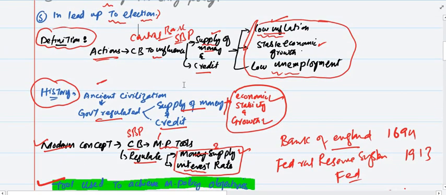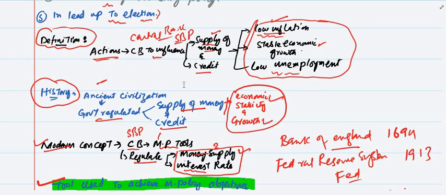So let me take you first to the definition, that is, what is monetary policy. What is monetary policy? Monetary policy is actually the action taken by the central bank.